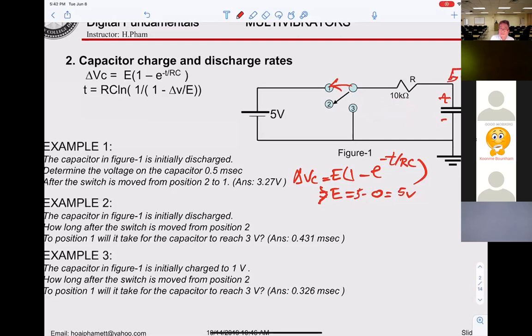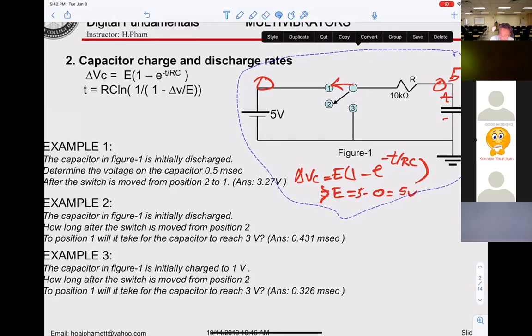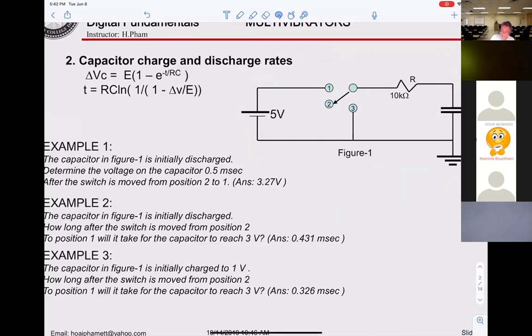Yeah, fully charged. So if you get 5 volt on this side, 5 volt on this side, current will be 0. Okay. Yeah, got you. Zero, 5 minus 5 is 0. Yeah, they get the same potential. No current can flow.